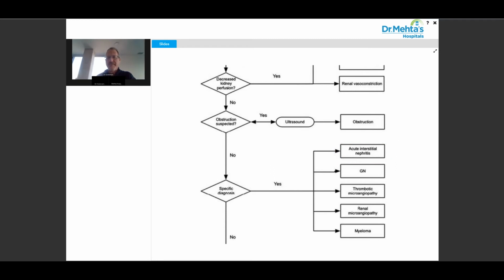In GN, get the complements, look for anti-GBM disease and ANCA disease in patients who have pulmonary signs, and lupus if the history suggests risk factors for lupus. Thrombotic microangiopathy, look for TMA, look at the CBC, platelets, LDH, and haptoglobin. And renal microangiopathy or atypical HUS, call Brad Dixon in Denver because I can't keep up with all of the different genetic variants.